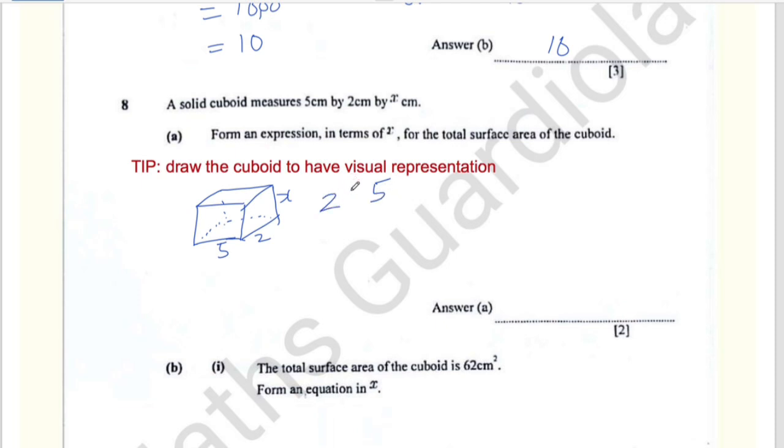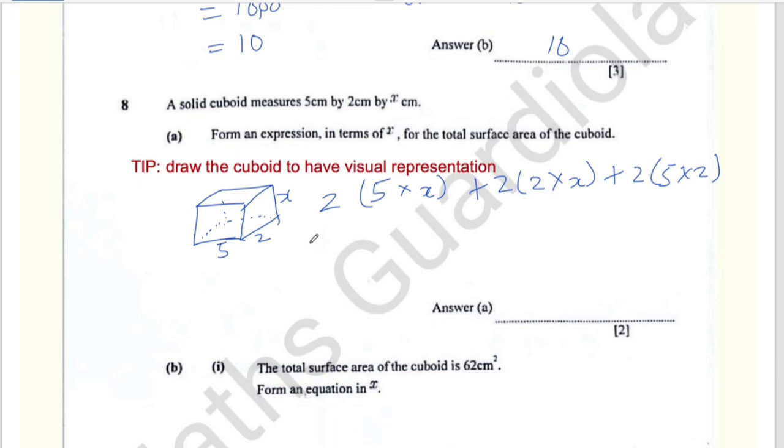The face to the right has another one to the left, and the face on top has another one equal to it at the bottom. So we're going to have 2 multiplied by 5 by 2, which is the bottom and top. Then 2 multiplied by 2 and x, which is the left and the right side. And then 5 multiplied by x, which is the front and back.